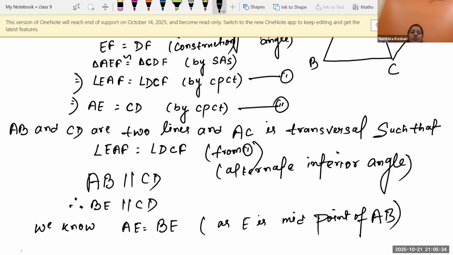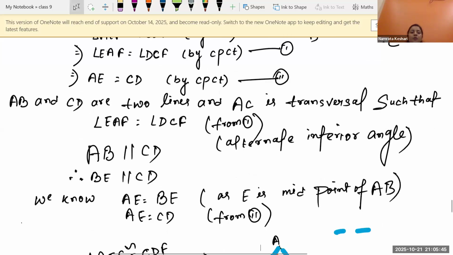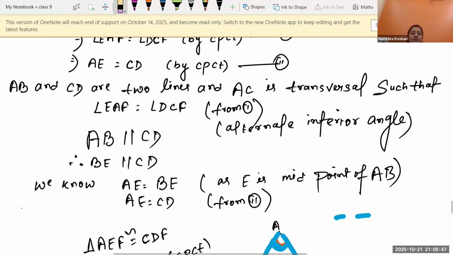And from equation number 2, we can say AE is equal to CD from 2. Therefore, BE and CD will be equal.